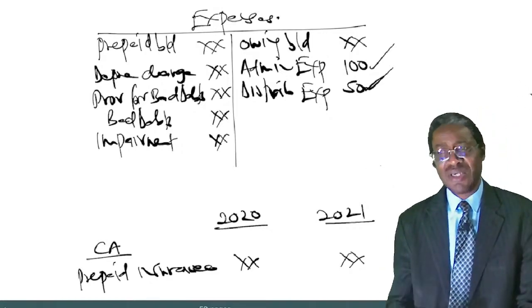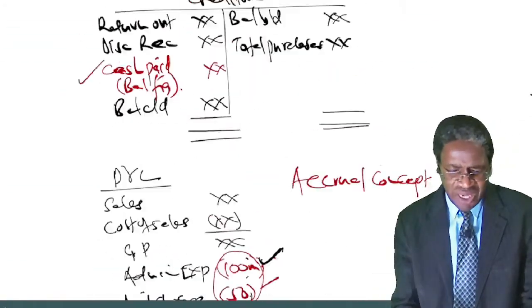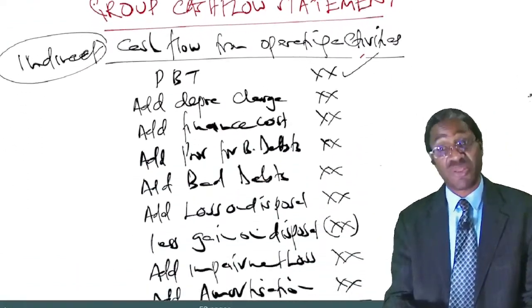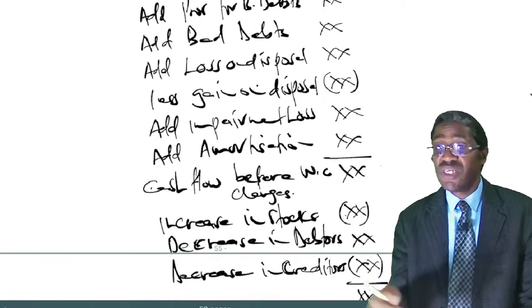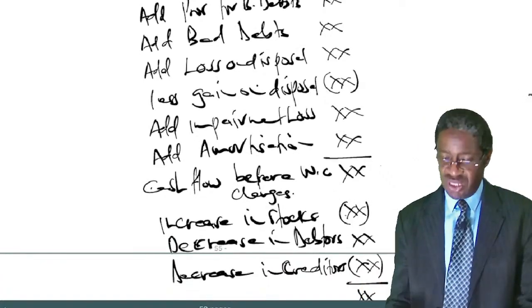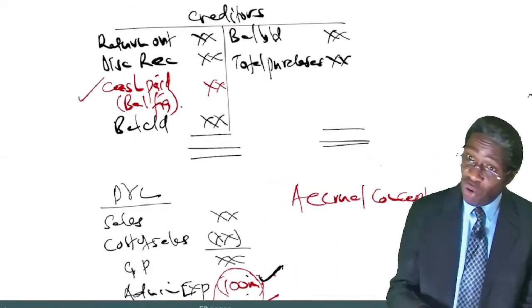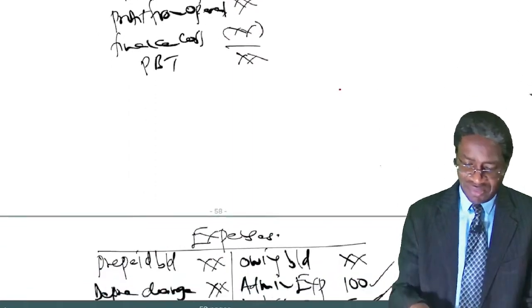Now listen. So it means, therefore, I am using the same figures I used last time when we were dealing with the direct method. You can see all these are non-cash items that we were using. Good. So it's the same. You just look for what are the non-cash items.